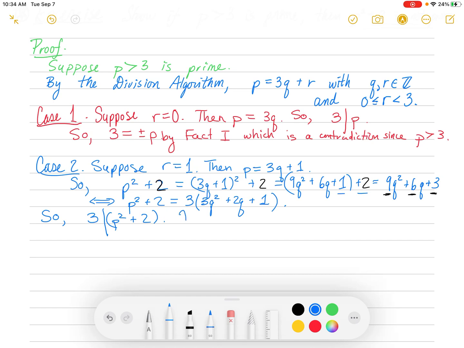So note that p squared plus 2 is not prime, since, how do I want to say this?